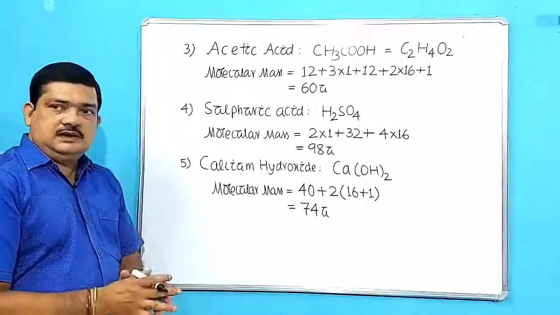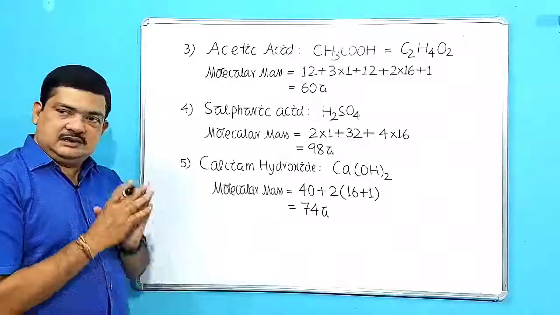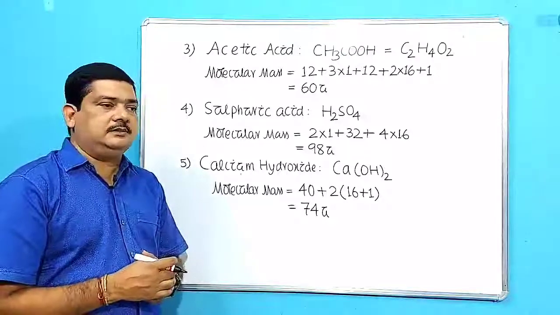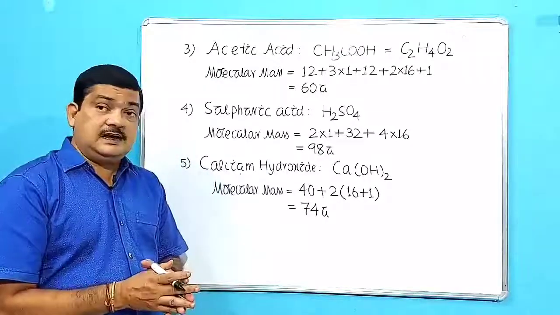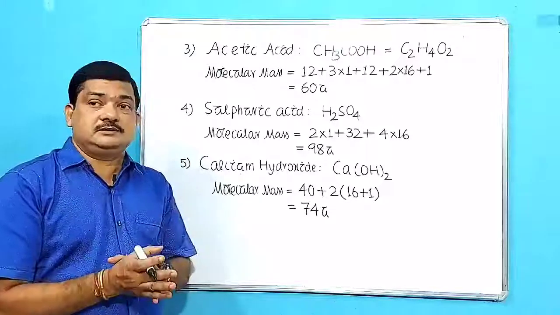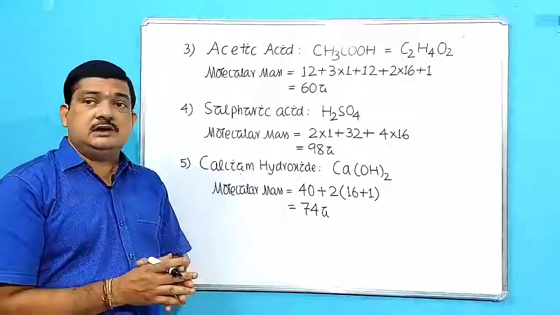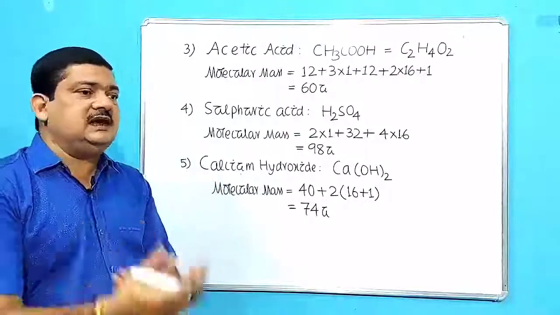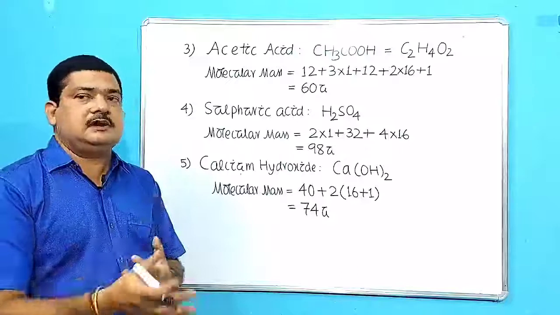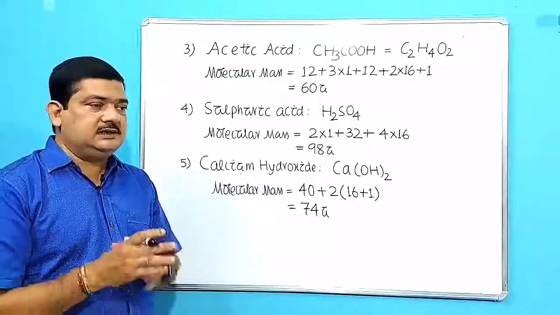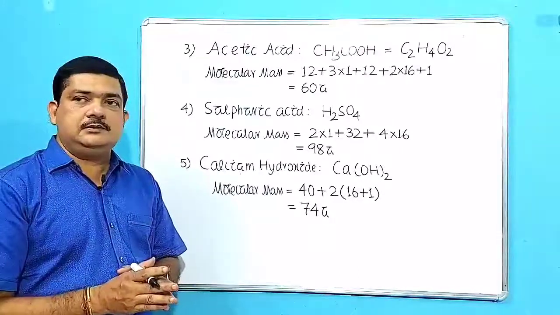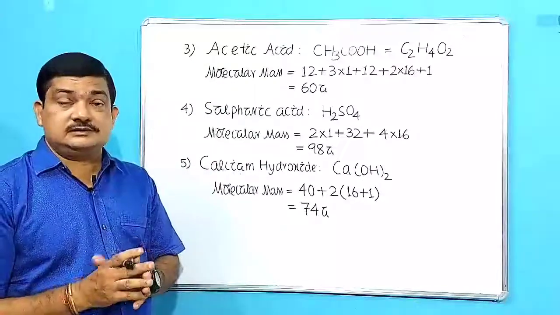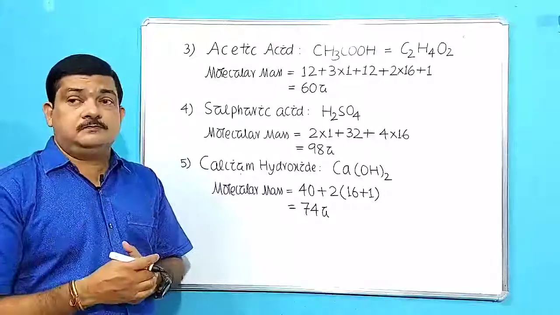So keep on solving the molecular masses, write the correct formula. Whatever assignment madam gives you to write down the formula, you try to find out the molecular mass also. So you will have a habit, a practice. Make it a habit: whatever formula is given to you to write correctly, then make it a practice to find out the molecular mass, so that you will be very thorough.